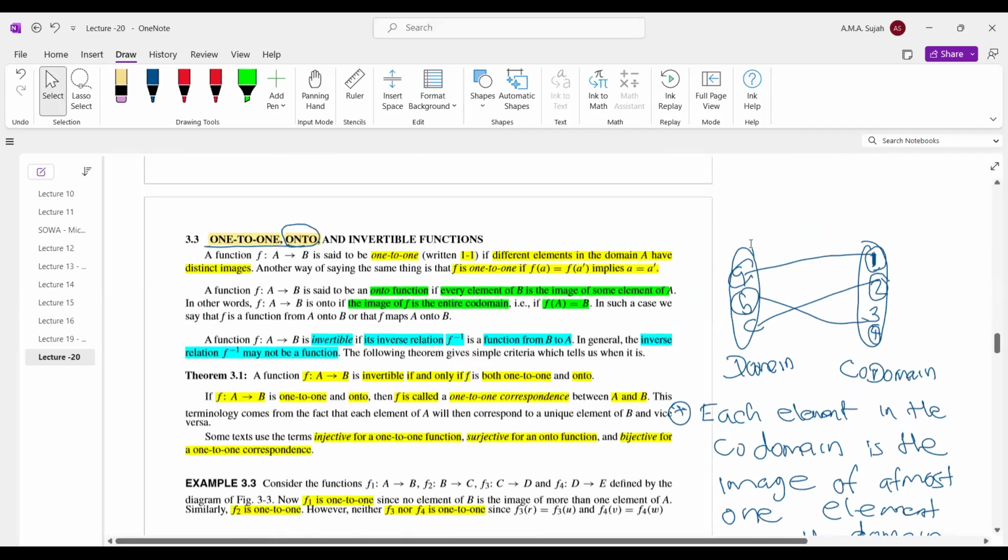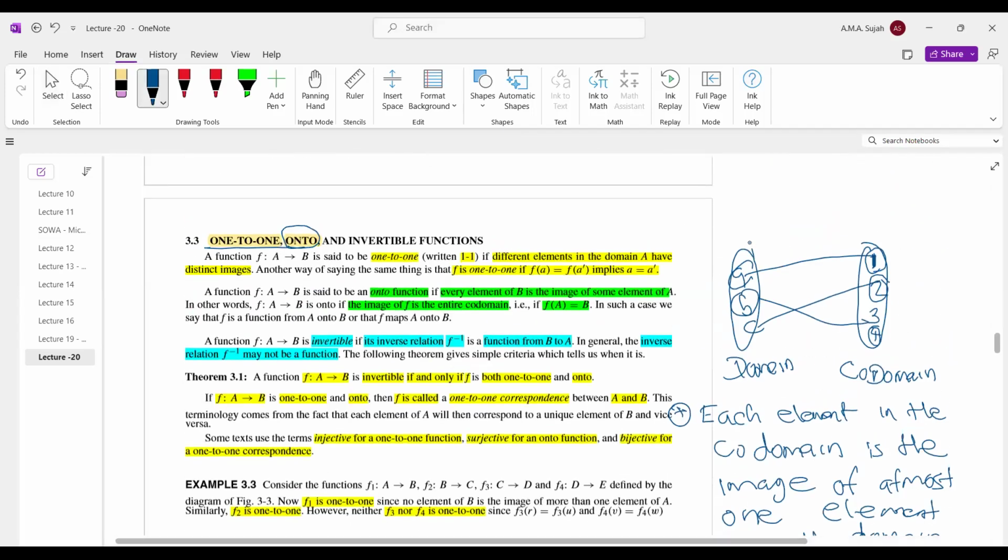These are the elements of the codomain. A, B, C are the elements of the domain. Image means only the elements which have a relation with the domain. So we consider image only for codomain elements. Only codomain elements are called images.